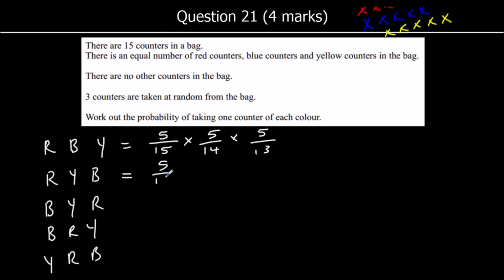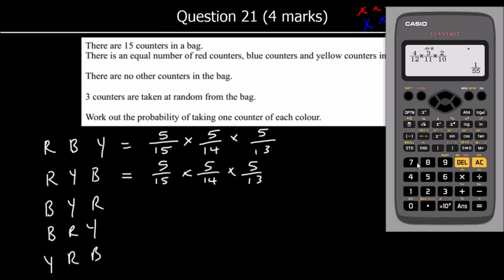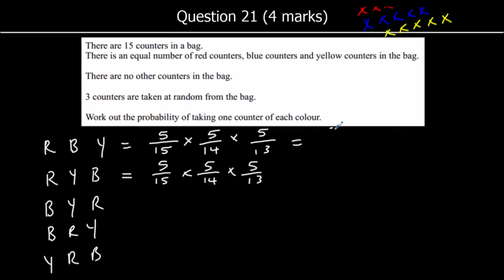It's all going to be 5/15 times 5/14 times 5/13. So 5/15 times 5/14 times 5/13 is 25 over 546.